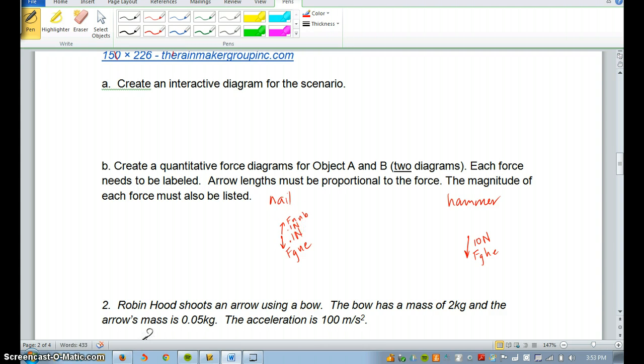We know that the hammer is applying a force, and this is where breaking down your force pairs is helpful. Our two objects are the hammer and the nail. Then I say to myself, the hammer is pushing the nail down, so the nail is being pushed down.